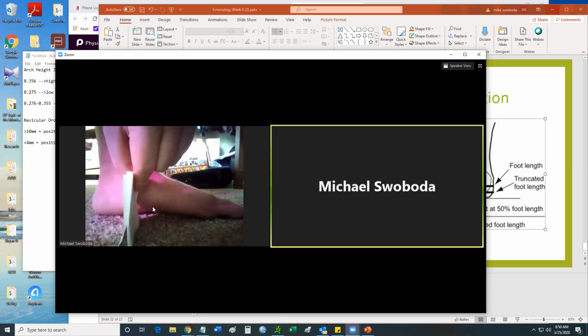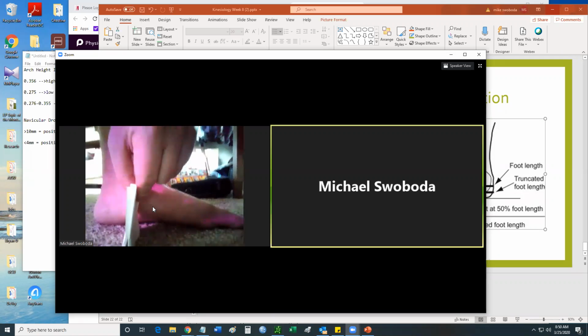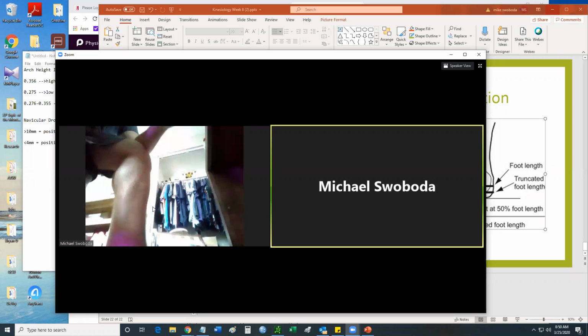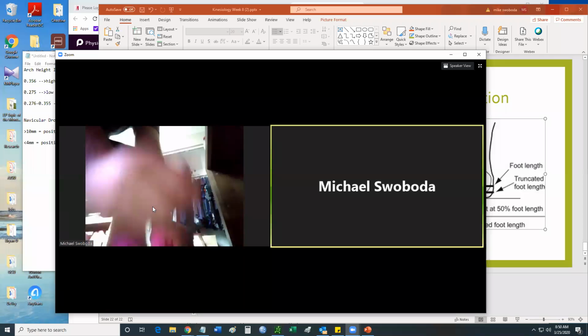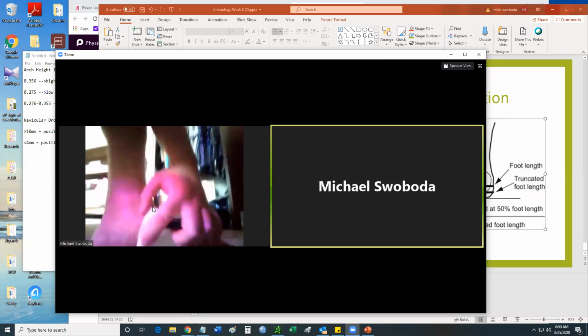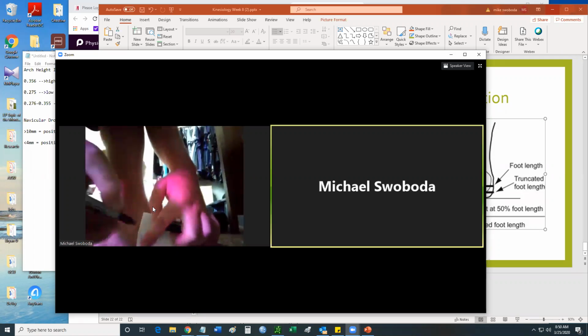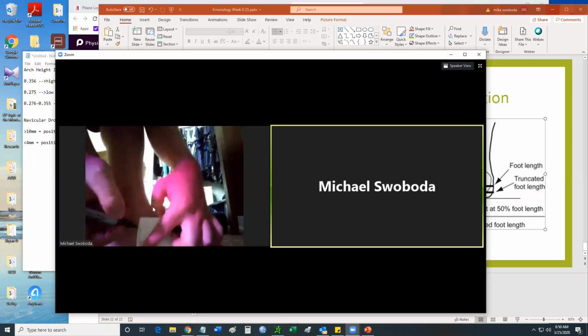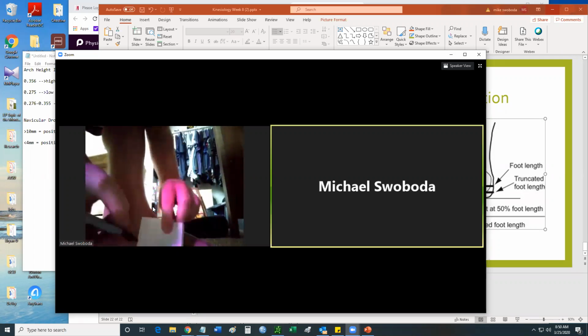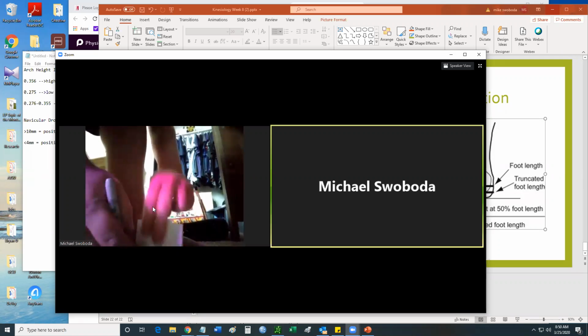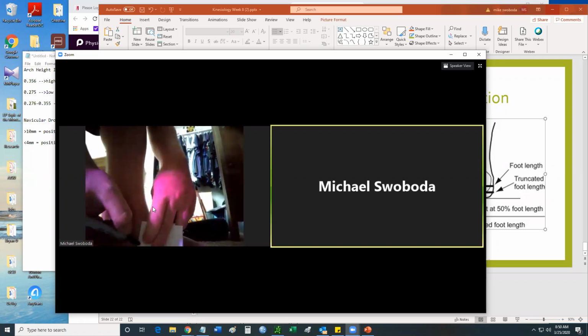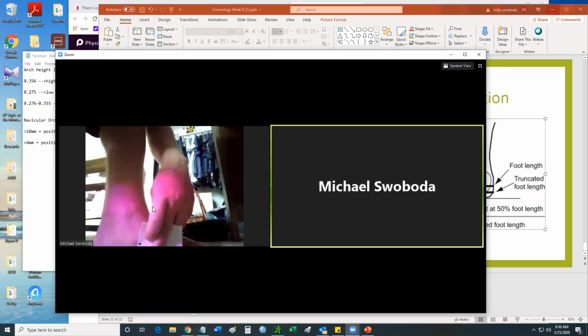I mark on the paper where this dot is, about right there.